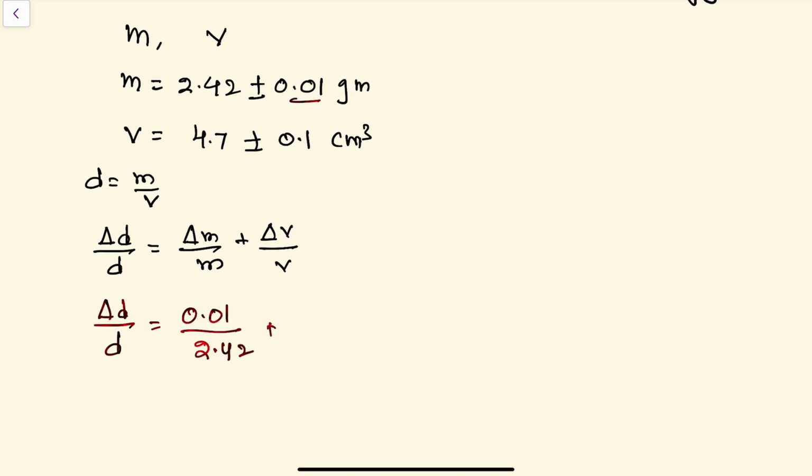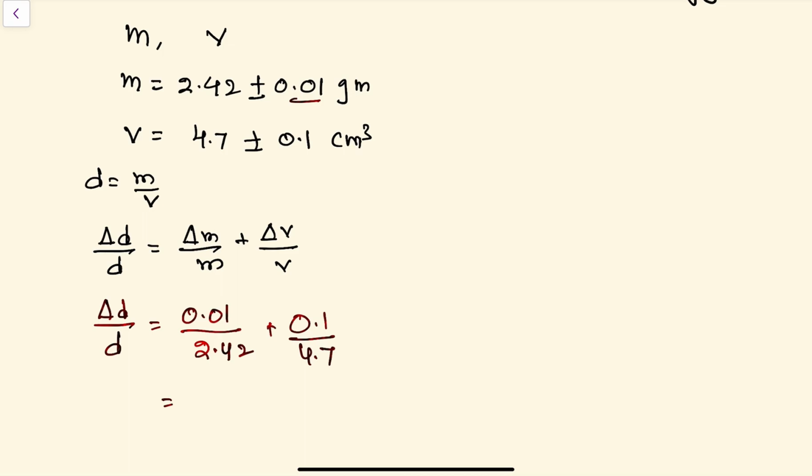What is delta V? 0.1 by 4.7. And what is asked? Maximum error. If you do the calculation, you will get it.